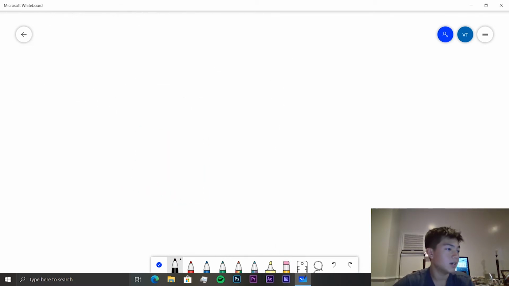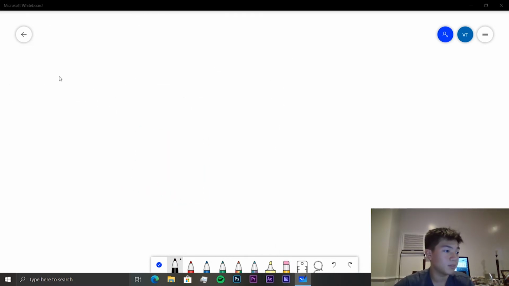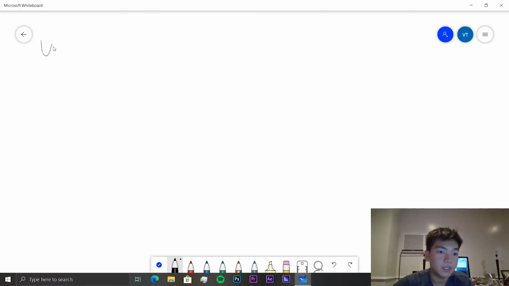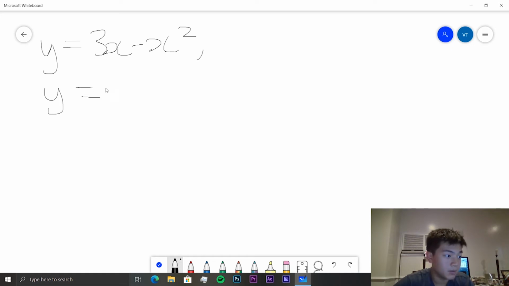Nice. On to the next problem. The next problem is: find the region enclosed by y equals 3x minus x squared, and y equals 2x cubed minus x squared minus 5x.